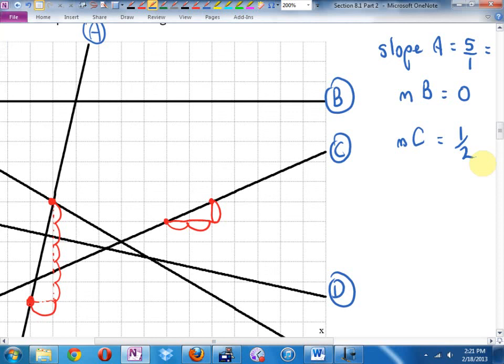I didn't pick those 2 points. Mr. Dewick, I picked this point and this point. Fine. If you did that, don't write this down. What's your rise? 4. What's your run? 8. What is 4 over 8 in lowest terms? 1/2. Nice thing about finding slope with rise over run, you'll get the same answer no matter which points you use, as long as you pick points that clearly go through the grid lines.